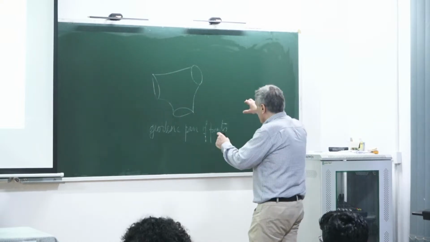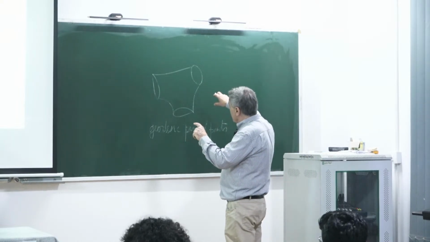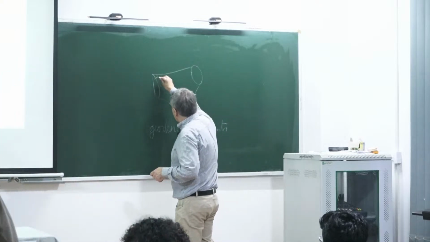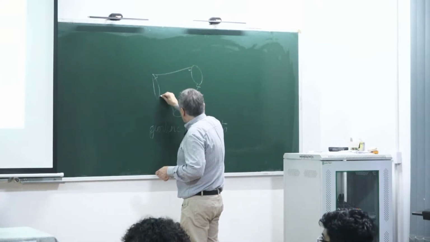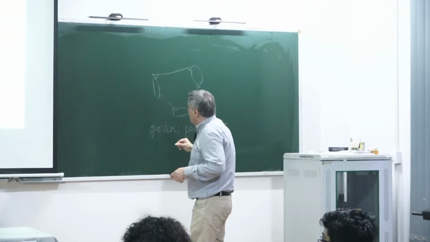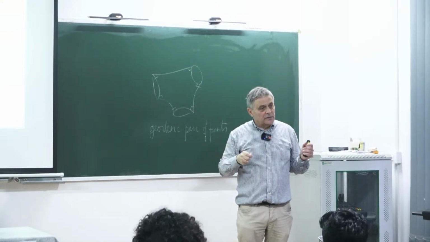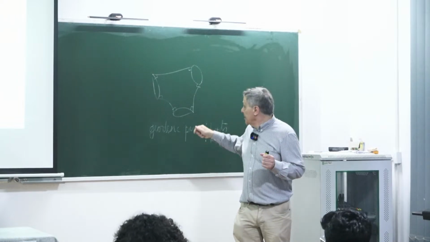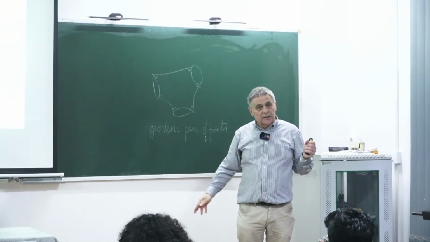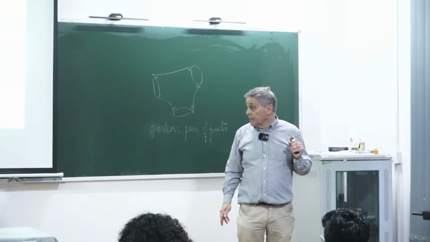We learned the other day that, for instance, I can construct this from right-angled hexagons, and I can vary the lengths of the right-angled hexagons, right? And I obtain different shapes of pairs of pants with geodesic boundary.